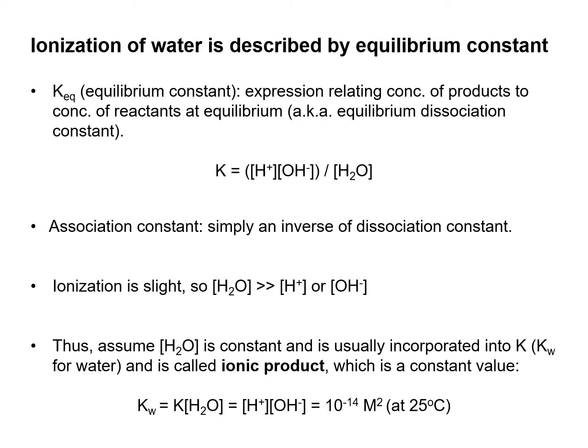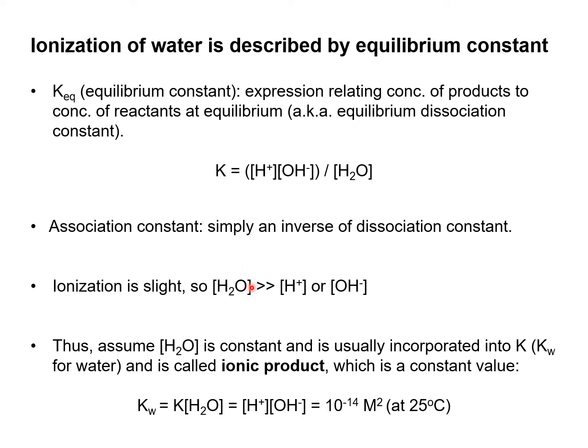And here we talked about the ionization of water in terms of the equilibrium constant, where you can get the equilibrium constant as the ratio of the concentration of the products by the reactants. There are a lot of water molecules because of only the slight ionization of water.